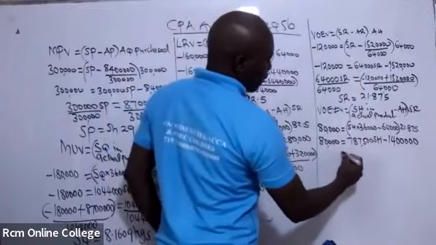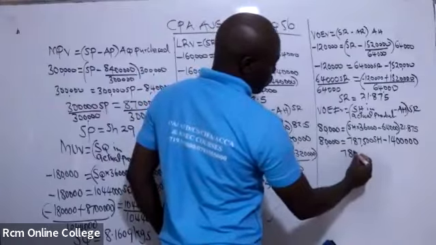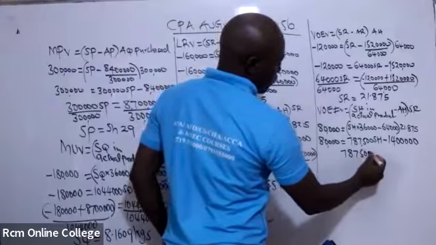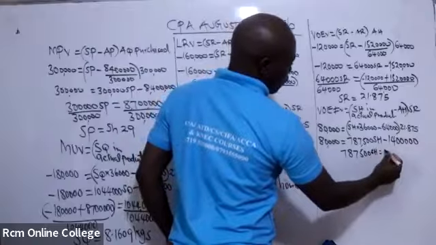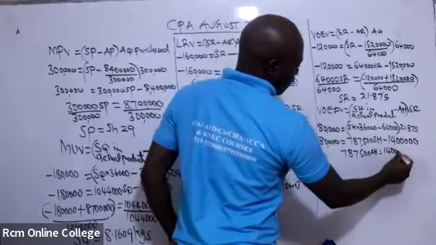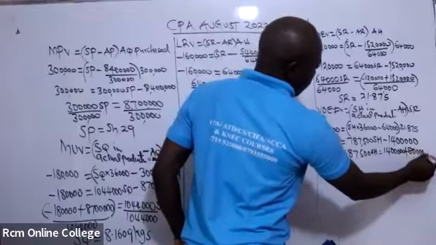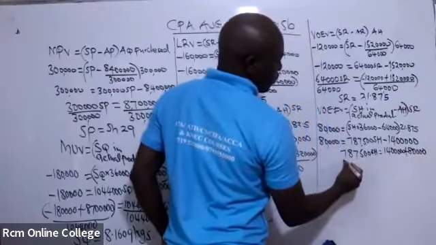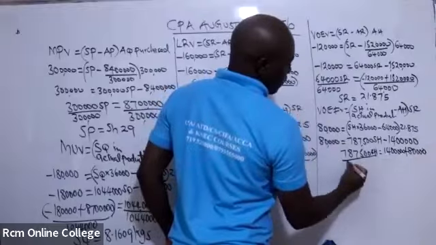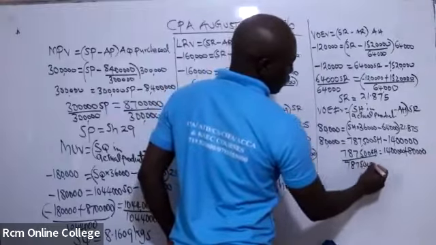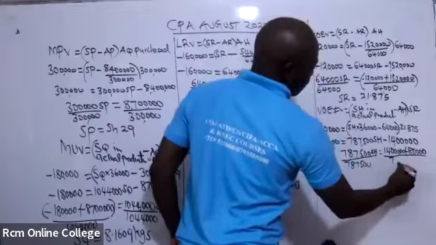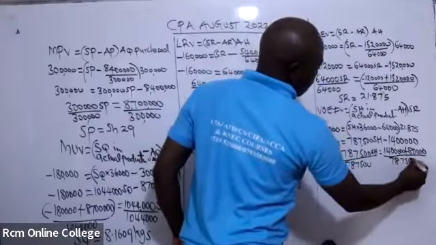So let's have 78,750 standard hours is equal to a positive of 1,400,000 plus 80,000. So we divide both sides by 78,750.